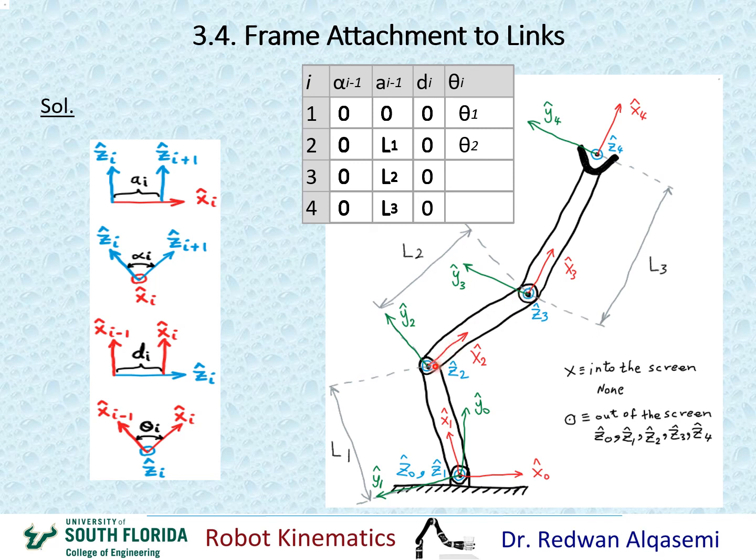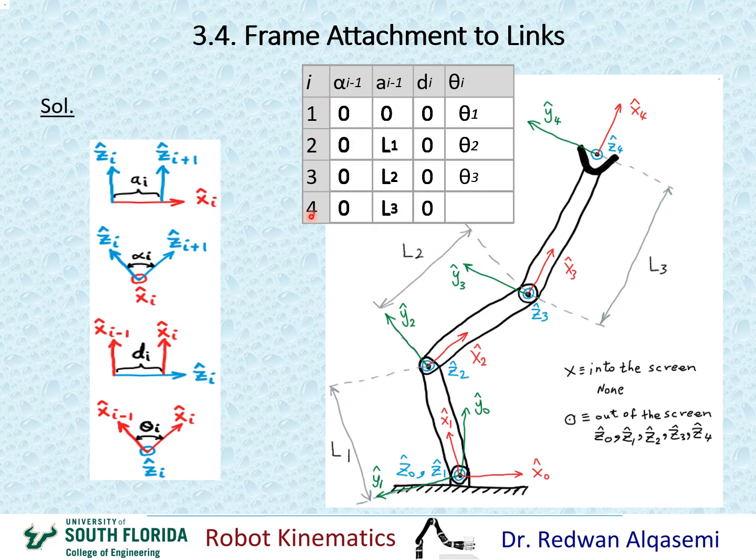Okay, now again, if you extend this line here, it will come somewhere right here, and obviously there's an angle between x2 and x3, and that angle changes as we move that joint 3 right and left. Okay, so when we move joint 3, x3 will start moving as well, and that would change the angle between x3 and x2. So this means that this is a variable parameter, which is the value of theta 3 for joint 3. So I'm going to put here theta 3 for that parameter.